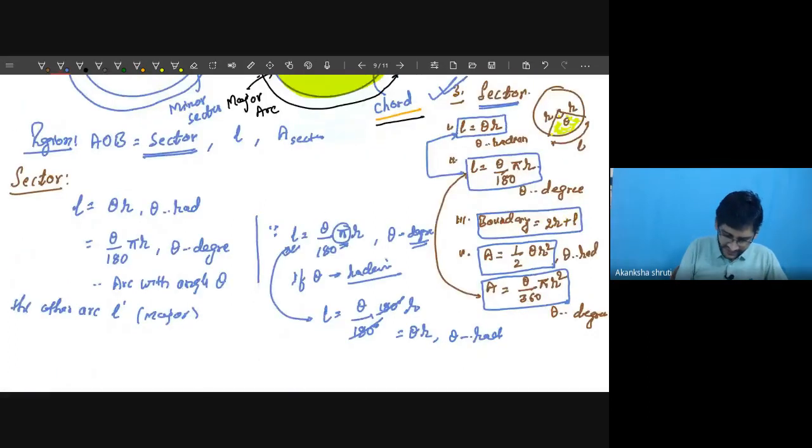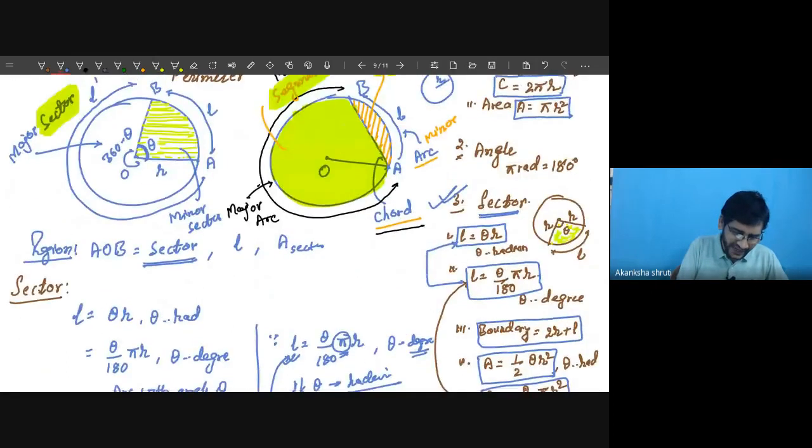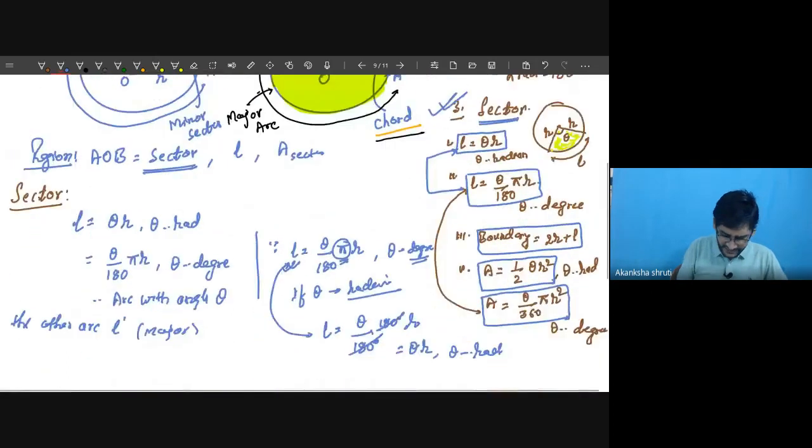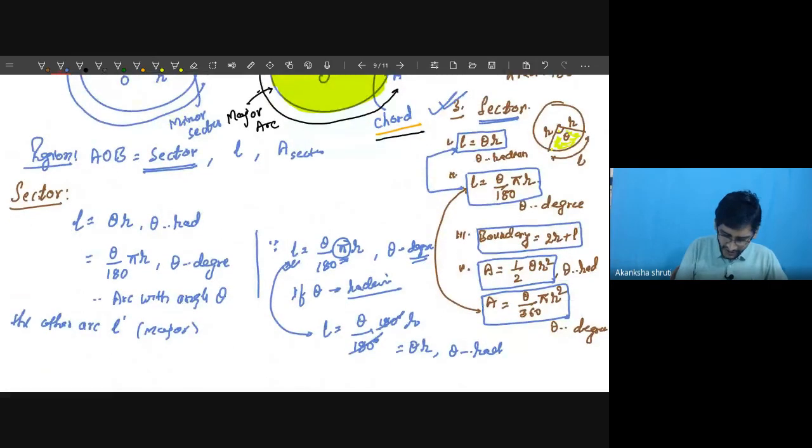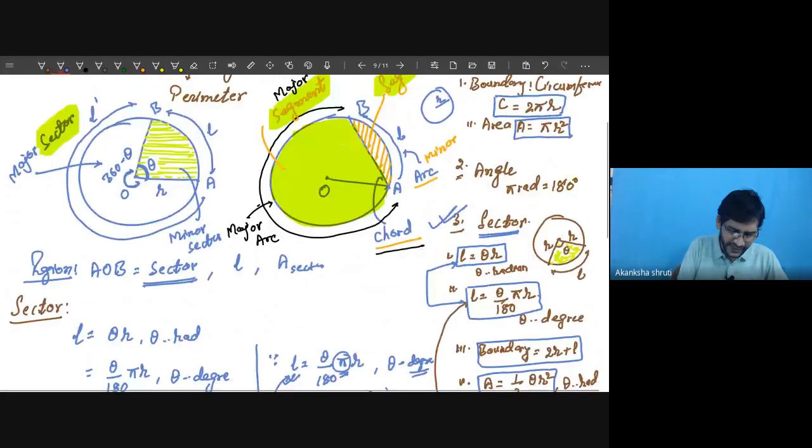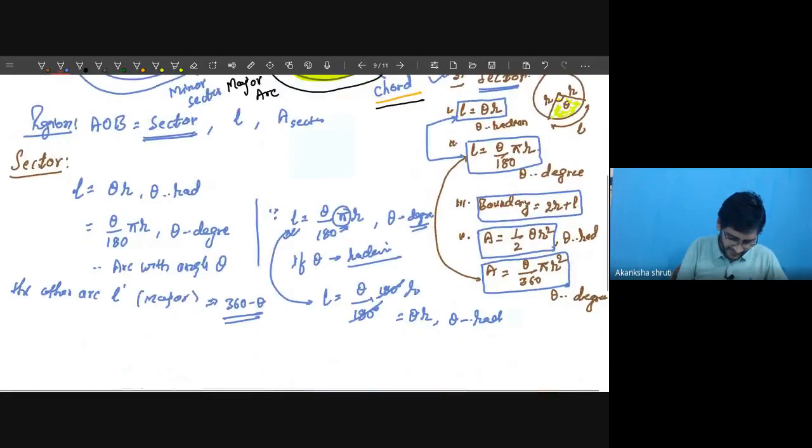In this case, what is the angle? The angle is 360 minus theta. So whatever the theta is, we shall use 360 minus theta in the same formula. Say for this theta we were obtaining this L. Now for 360 minus theta, we can obtain this L dash.